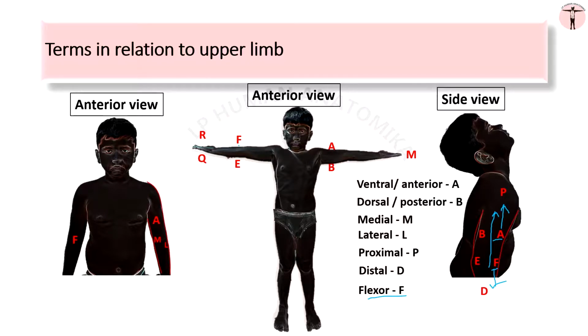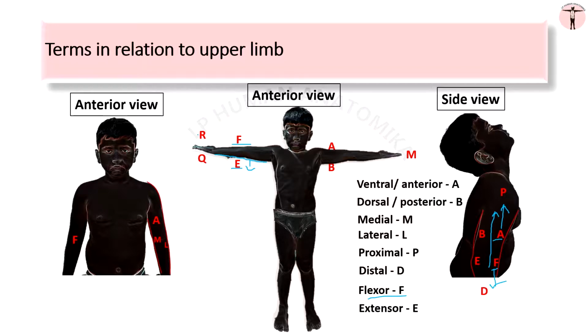So here, you can see in the middle picture, with the upper limb abducted, F is directing superiorly, the flexor aspect is directed superiorly, and the extensor aspect, that is E, is directed inferiorly. Okay, so that is the extensor aspect. Is that clear?